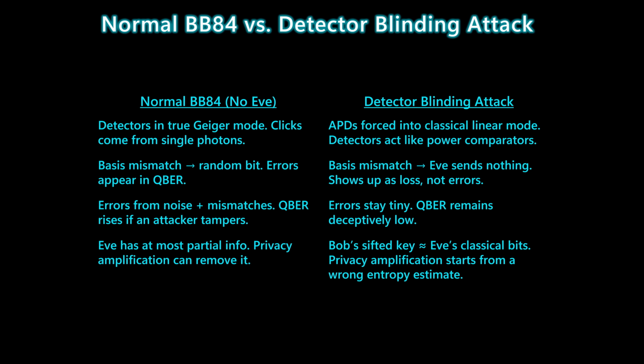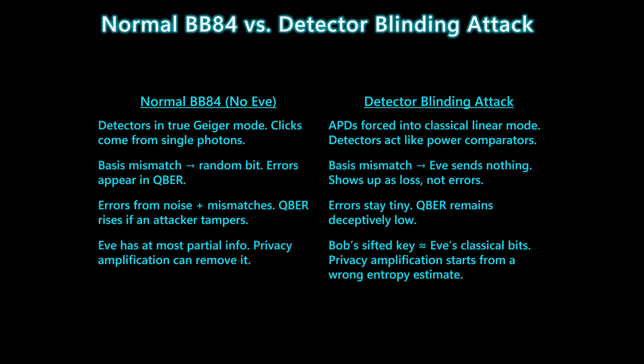On the right is the blinding attack. Eve forces the APDs into classical linear mode, where they stop acting like quantum detectors and behave like simple power comparators. When a basis mismatch occurs, Eve sends nothing. Bob doesn't record an error, he just sees a loss.